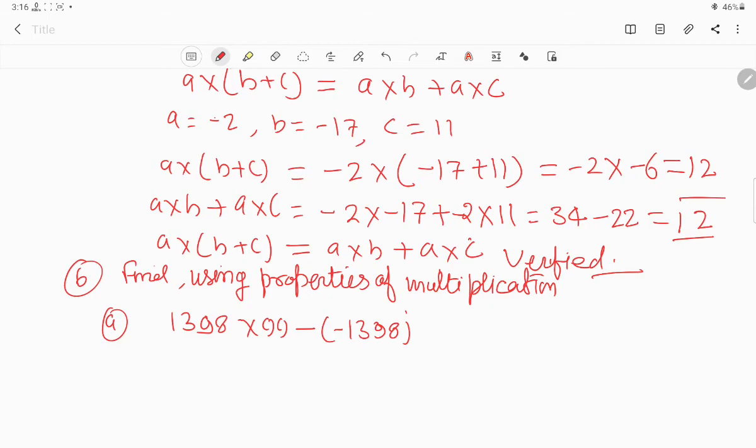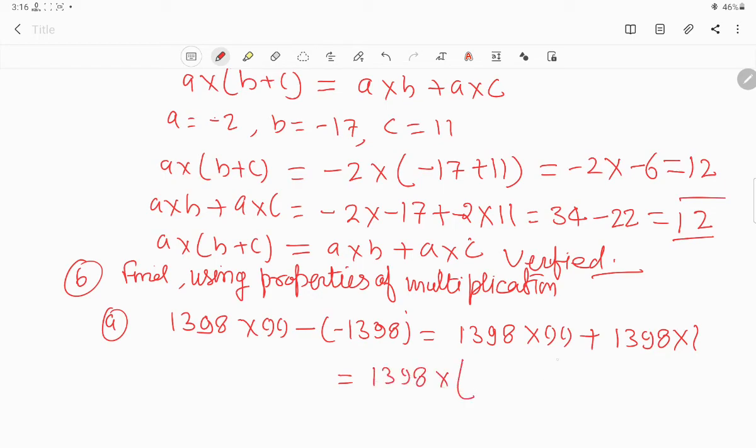Now see here, you can solve it. 1398 into 99, and here minus and minus make plus, 1398 into 1, you can suppose. Now take 1398 common.